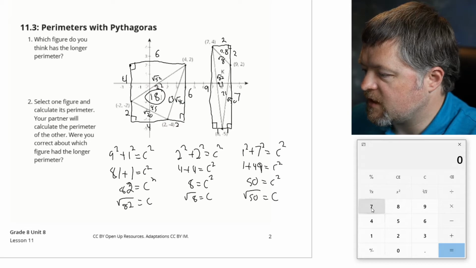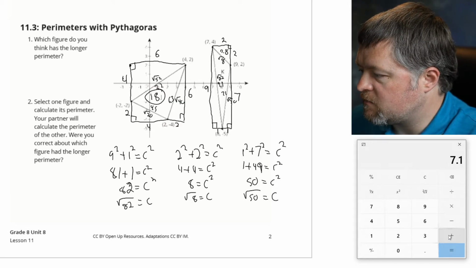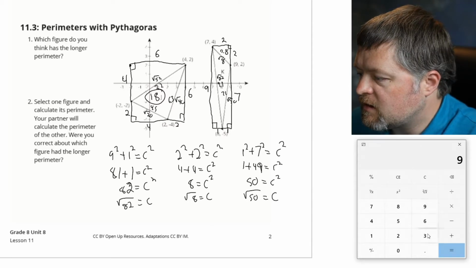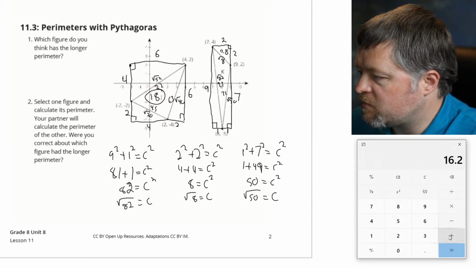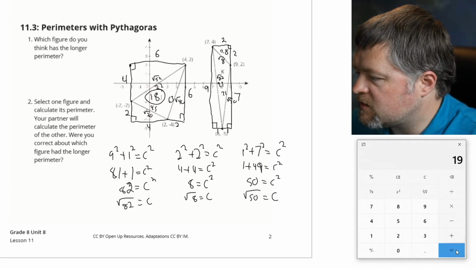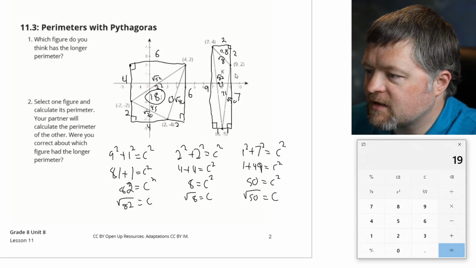Let's add all those together. 7.1 plus 9.1 plus 2.8 is equal to 19.